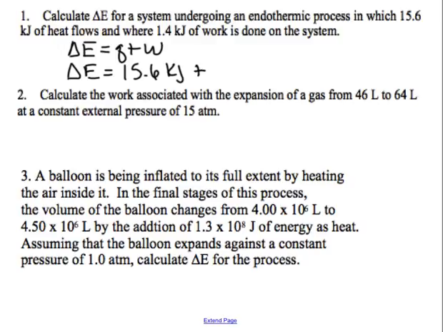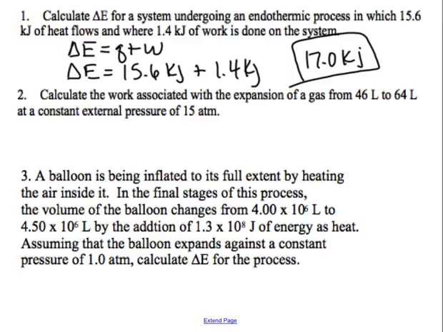And where 1.4 kilojoules of work is done on the system. Positive. All right, so all we do is add these up. As far as sig figs go, how do we round for adding? Lowest decimal. So 17.0 looks like what it is. Mental math. See it? Simple. If you know your signs, you'll be golden.